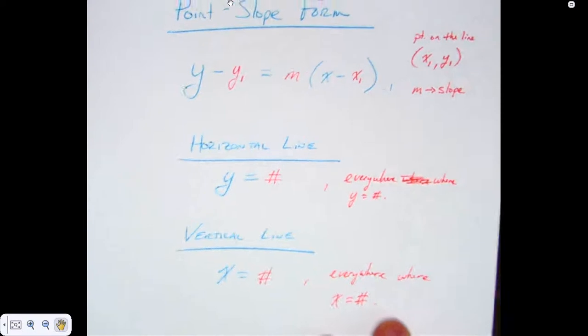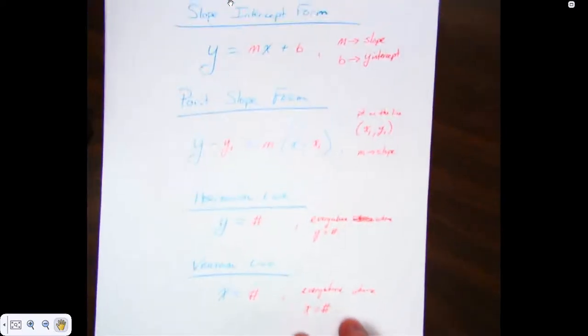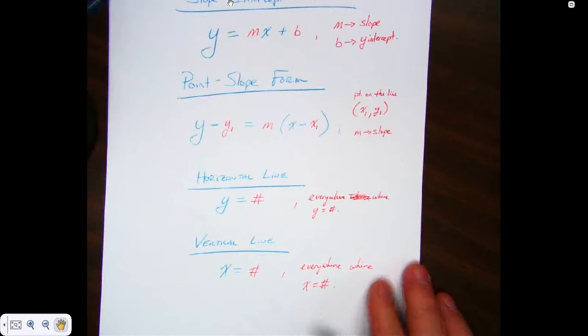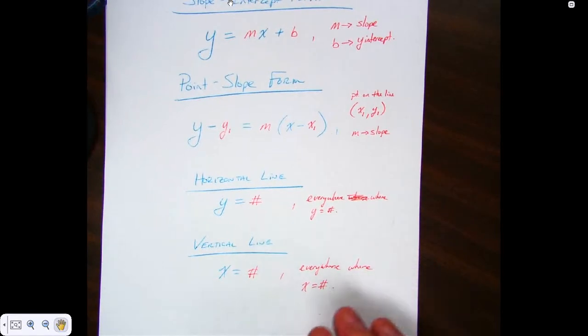Now, what I've done here is just broken down the different types of forms for all these lines, the ones you need to know for this section. Make sure we have those written down. To write an equation in any of these forms, what do I need? I need the things that are in what color up there? I need to know what those numbers are.